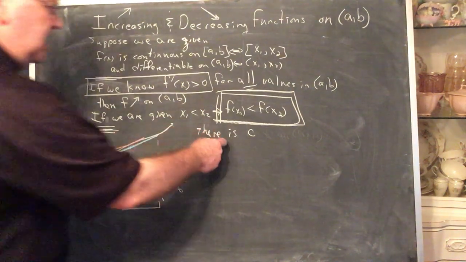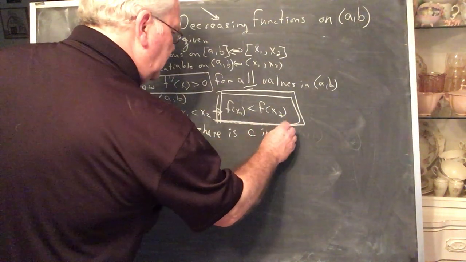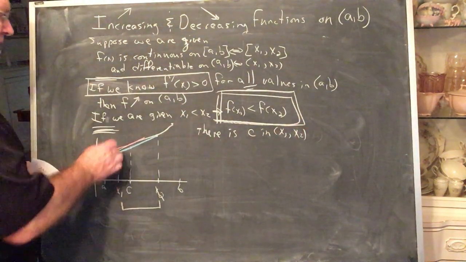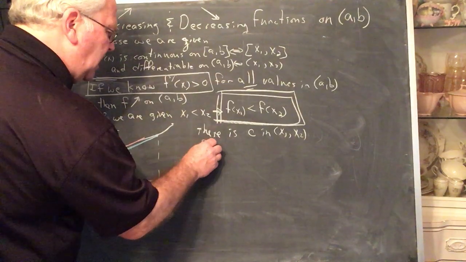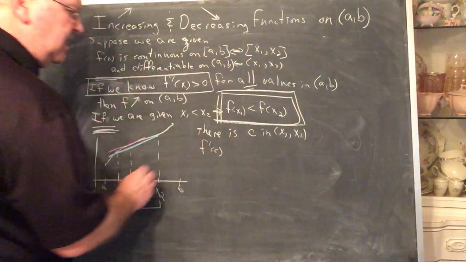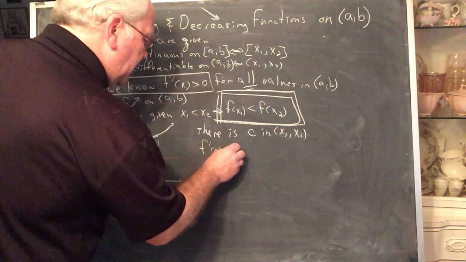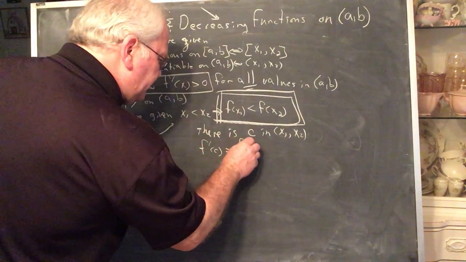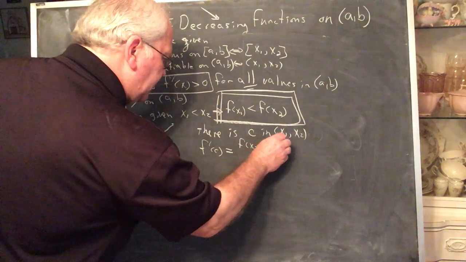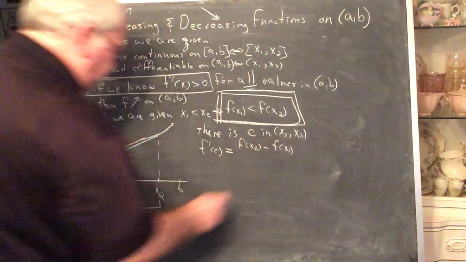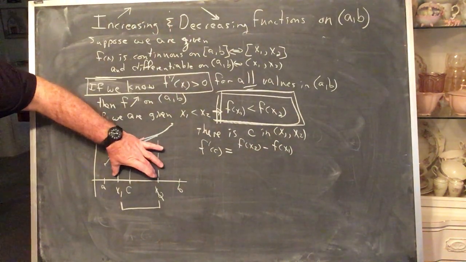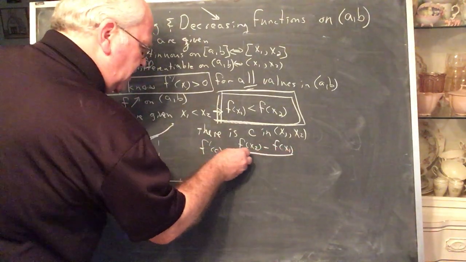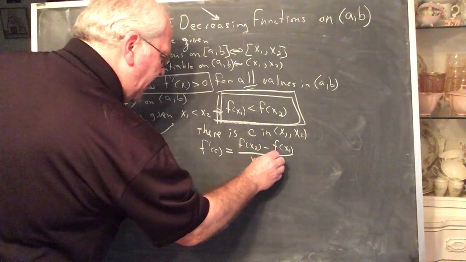So there is a c in x1, x2, and the slope of the tangent line at c must be equal to the slope of the secant. Well, that's f of x2 minus f of x1. Remember, we're working on the interior interval, not the entire a to b. That's got to be over x2 minus x1.